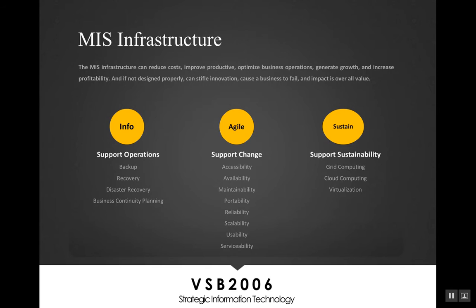These are the qualities a software should have: accessibility, availability, maintainability, portability, scalability, usability, serviceability, recoverability. All of these are attributes of what you want the MIS infrastructure to have. These are what they call non-functional attributes.